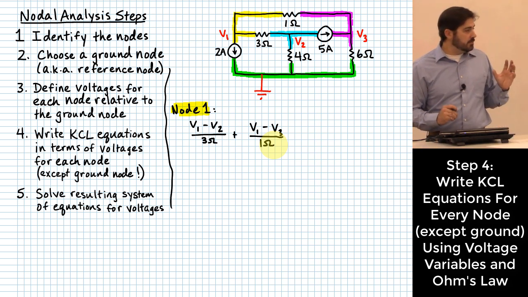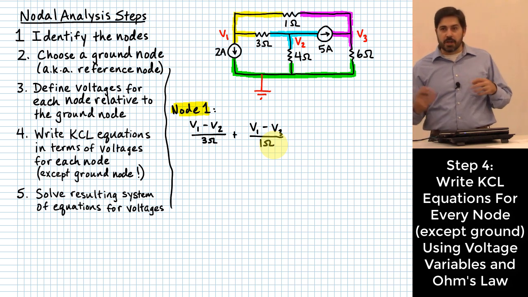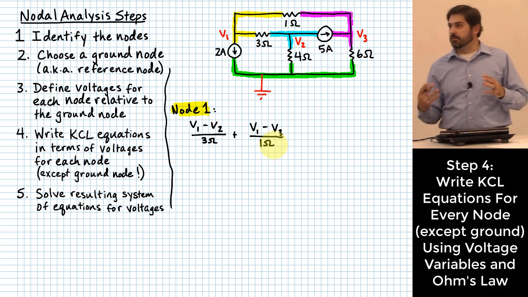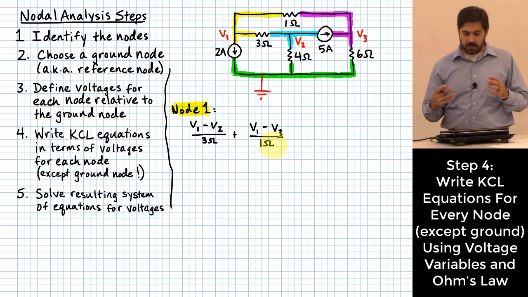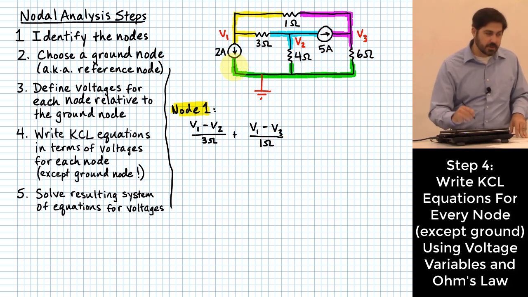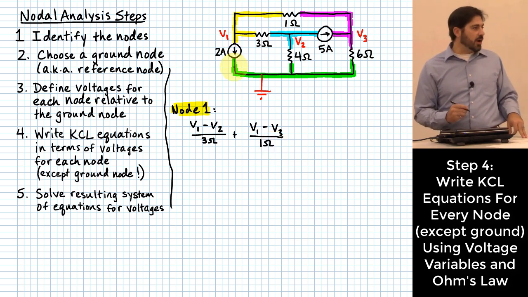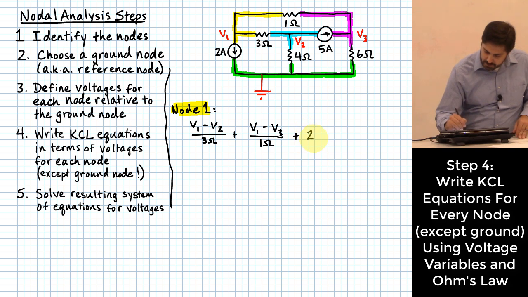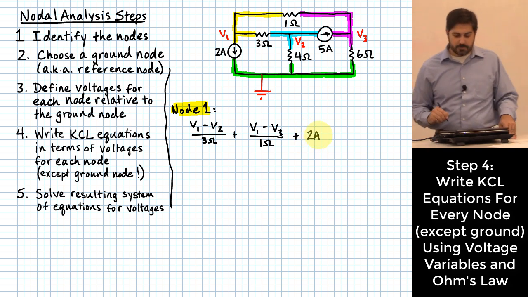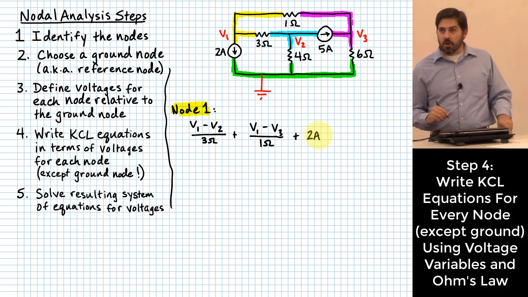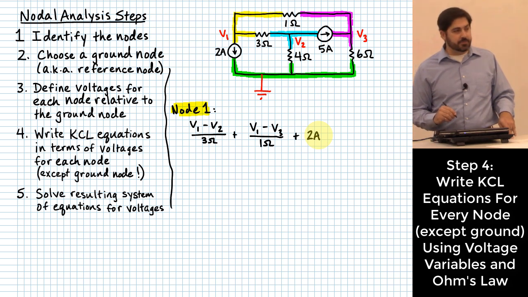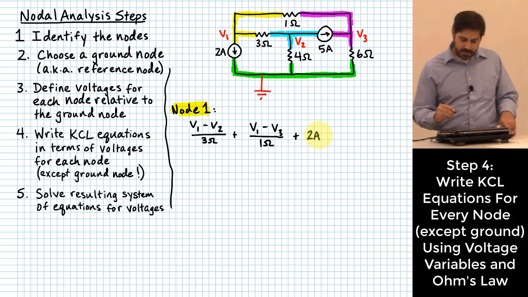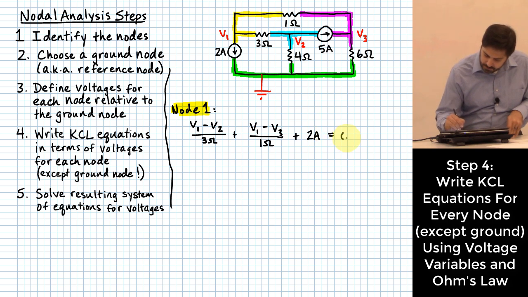Now what other currents might flow into or out of node 1? You have that 2 amp current source, which makes it very easy to know how much current flows on that leg out of that node. It's just 2 amps, so I say plus 2 amps. Are those all the paths into and out of node 1? That's it, so we say that's going to be 0.